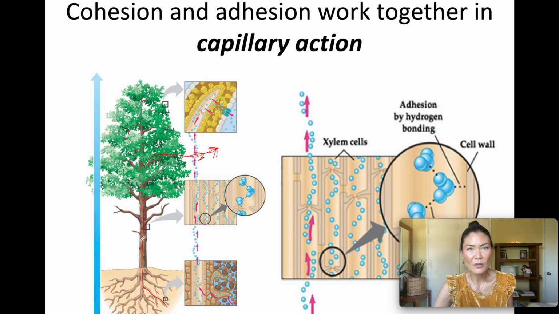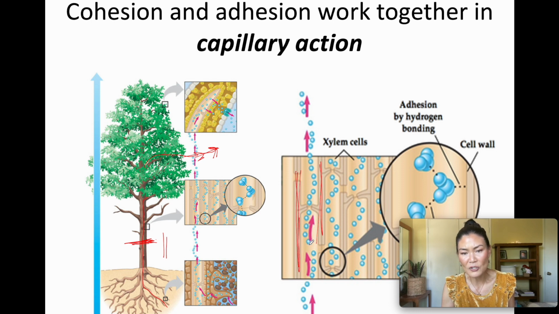If you were to take a peek into the trunk of a tree, you'll see that there are long vertical microscopic tubes that run through the entire trunk, and those tubes are called xylem tubes, okay? The xylem tubes are made out of xylem cells, and this is a xylem tube right here in this picture.